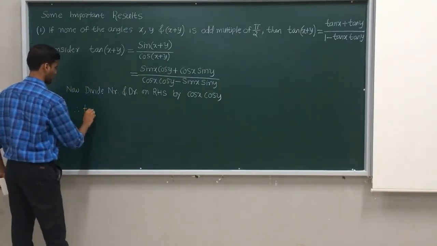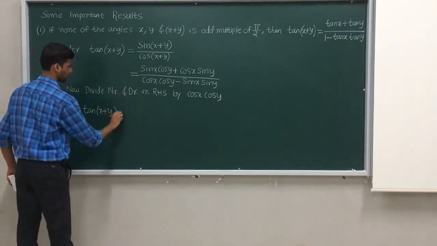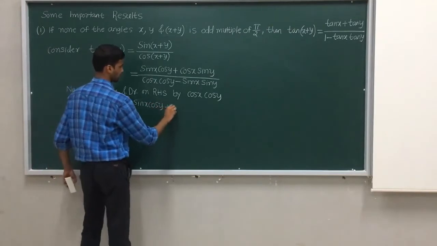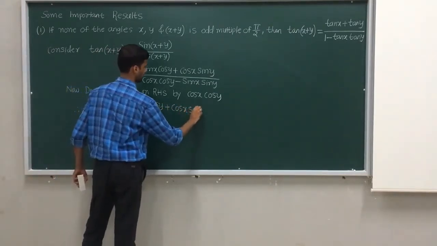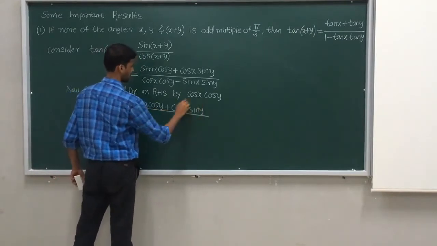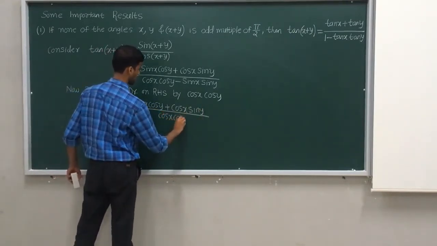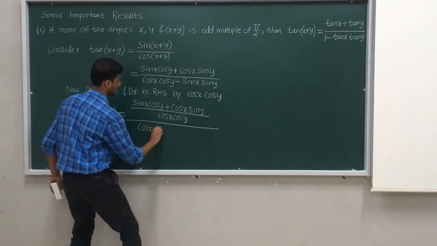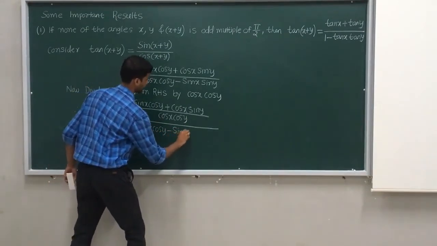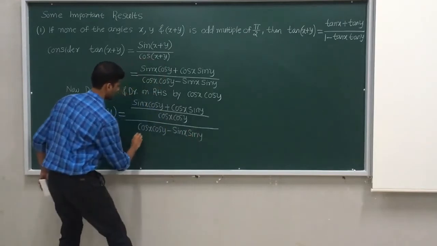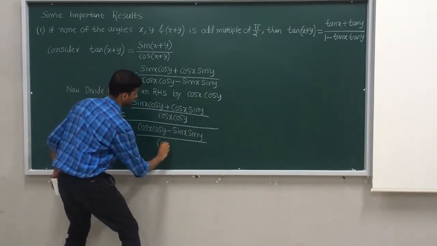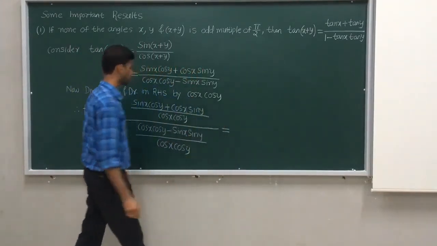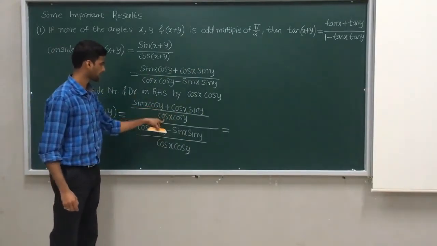Therefore, tan of x plus y is equal to sin x cos y plus cos x sin y divided by cos x cos y, which is equal to, we all know a plus b by c is a by c plus b by c.